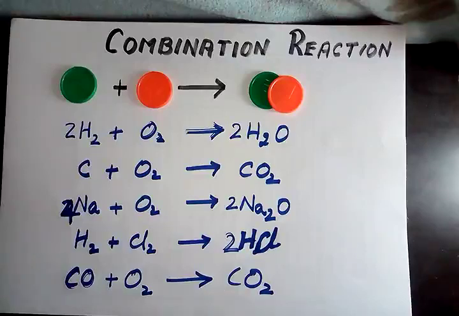So, in this particular case, you have a compound reacting with an element to form a compound. Carbon monoxide is a compound, oxygen is an element. These two are a compound reacting with an element to form a compound.